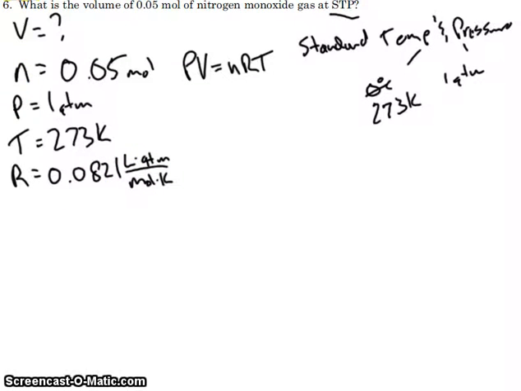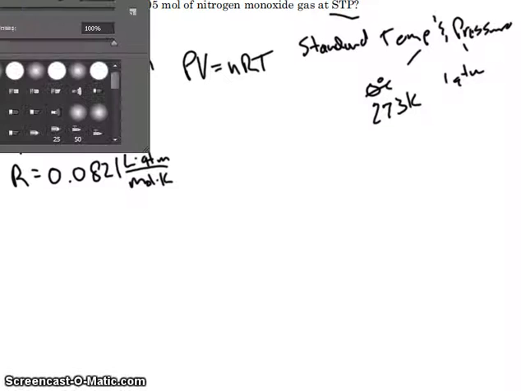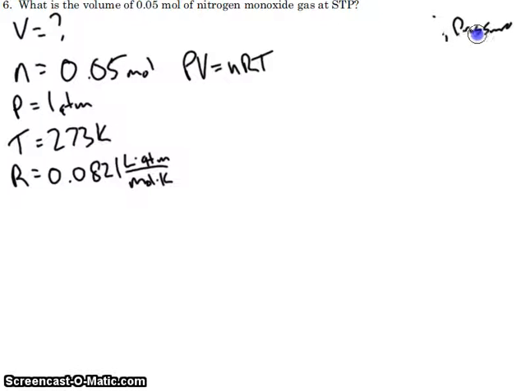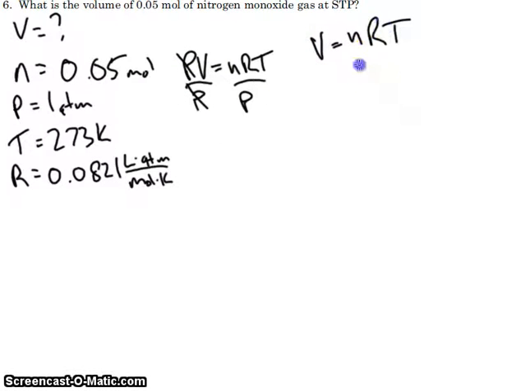So I'm going to clear out some space over here where I wrote our STP info, just to make some more room for us to do this problem. There we go. And now I'm looking for V, so I gotta get V all by itself, and the best way to do that is divide each side by P. So our pressures cancel, so V is equal to nRT over P. And now we're ready to plug some numbers in.